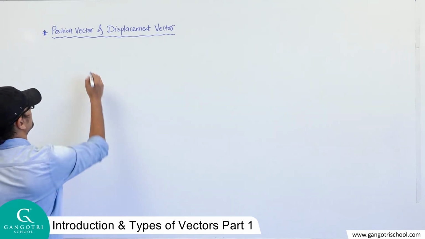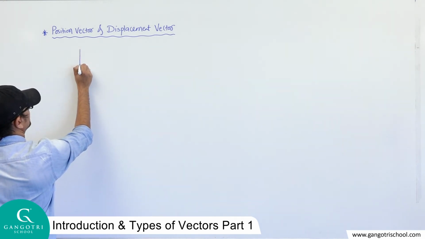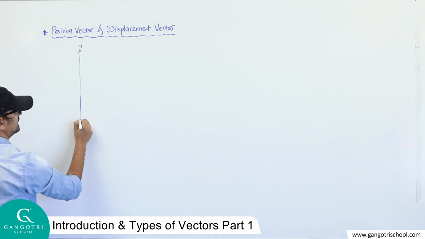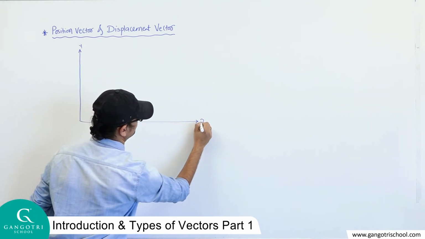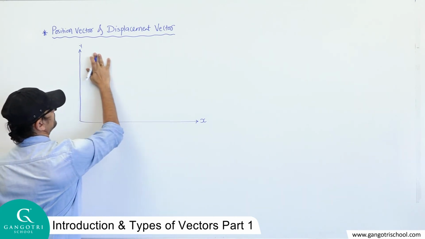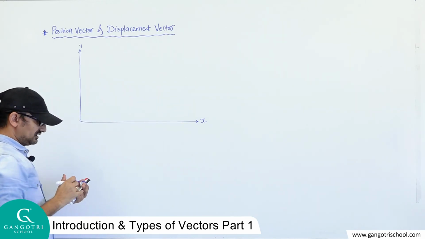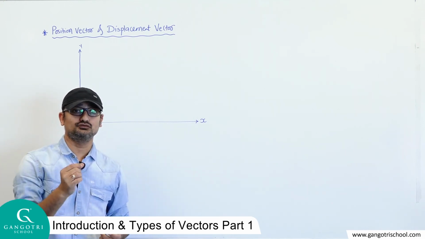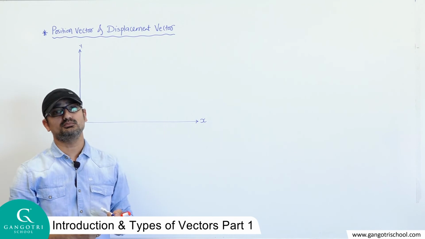Dear student, let's consider this is the y-axis and this is the x-axis. So this is known as the XY plane. Now randomly let's choose a path on which one particle is performing motion.